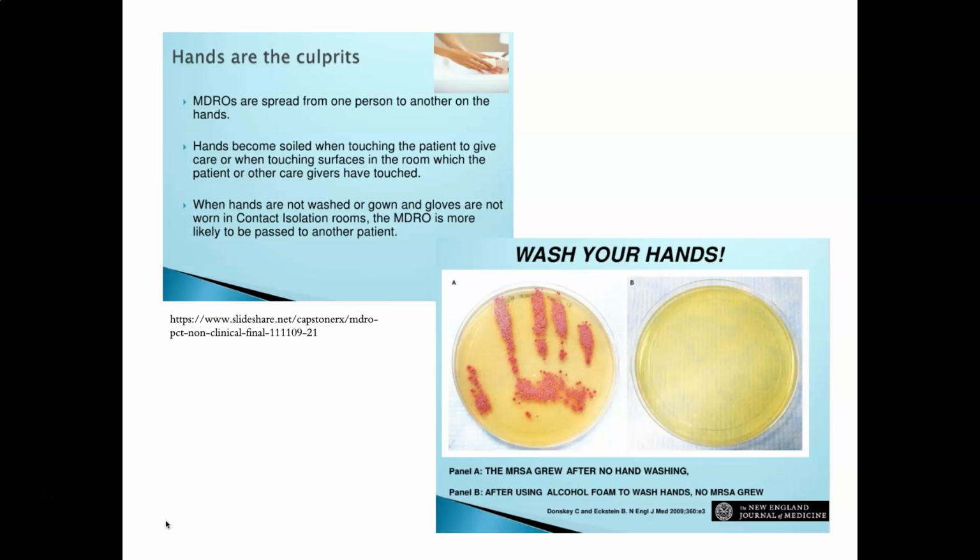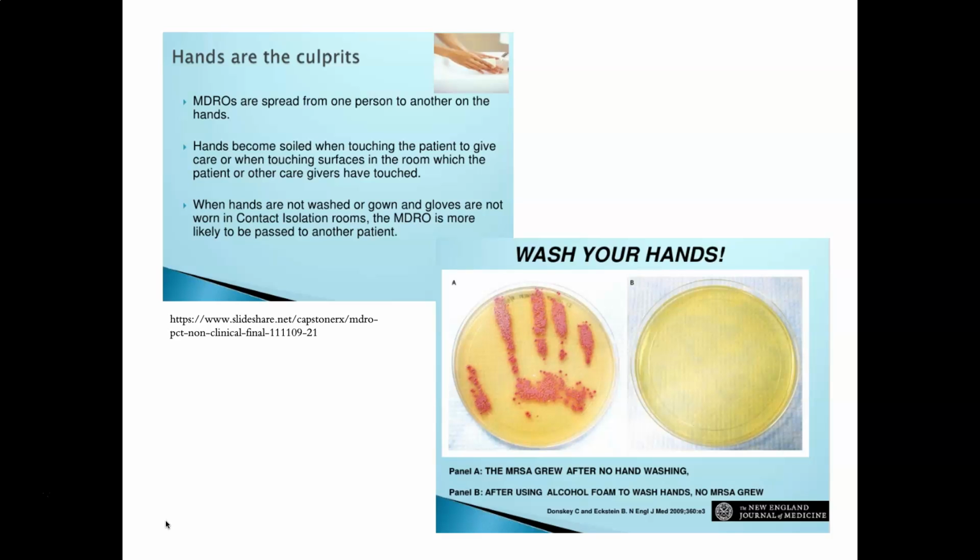All right, hands can often be the culprit. They don't necessarily need to be the only culprit, but they are a common culprit. MDROs are spread from one person to another, especially on the hands. Hands become soiled when touching the patient to give care or when touching surfaces in the room which the patient or other caregivers or even visitors have touched.